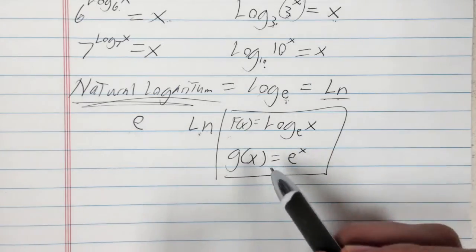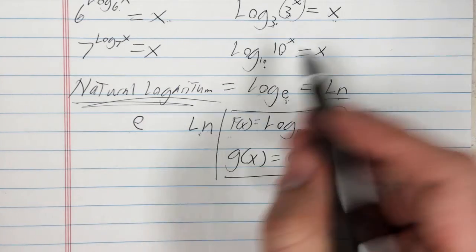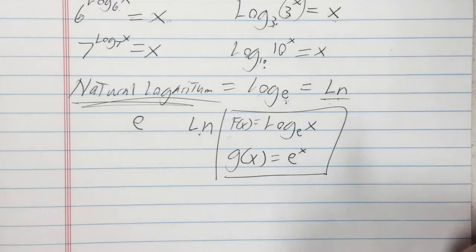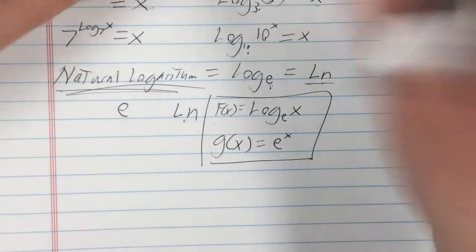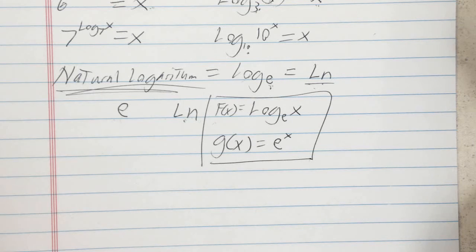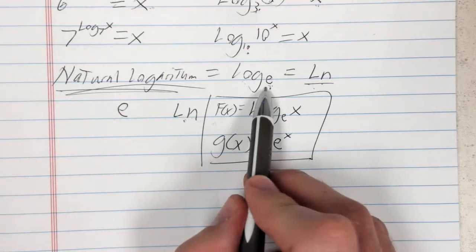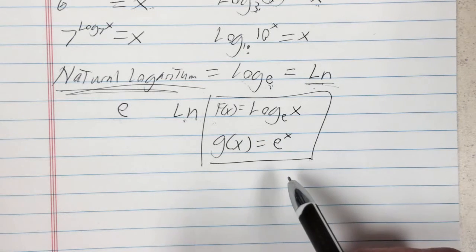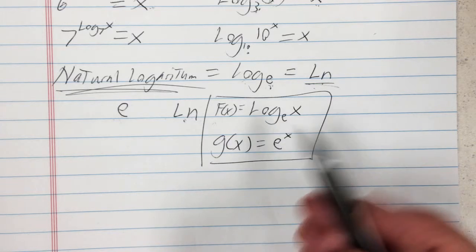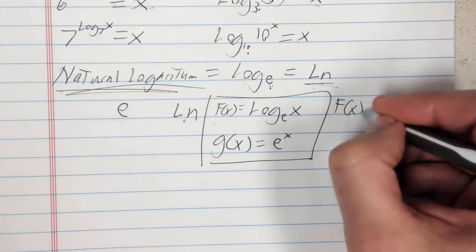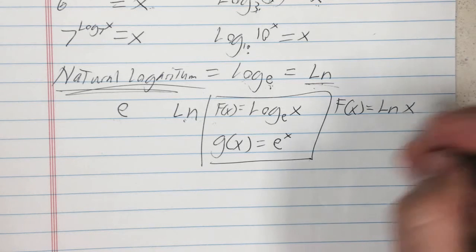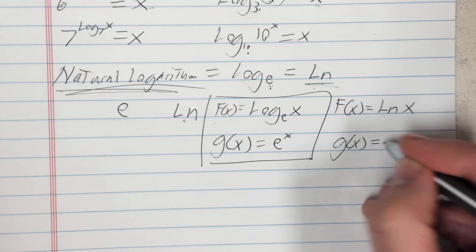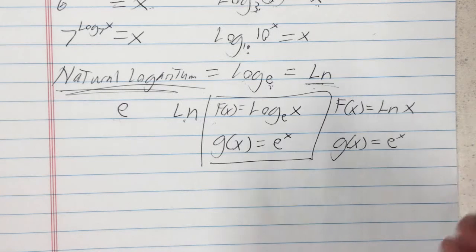It's just a different log, and rather than writing log base e, we're going to write ln. So it is kind of an extra thing, but you're not doing anything difficult or challenging with it. It looks confusing, but instead of writing log base e, we're writing ln. So really, we would say f of x is equal to natural log of x, and then the inverse g of x is equal to e to the x.